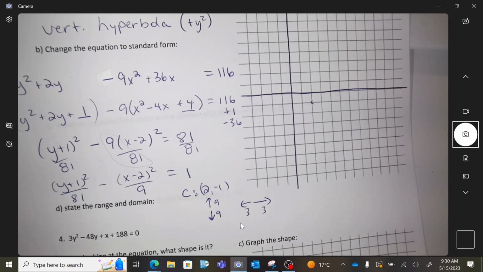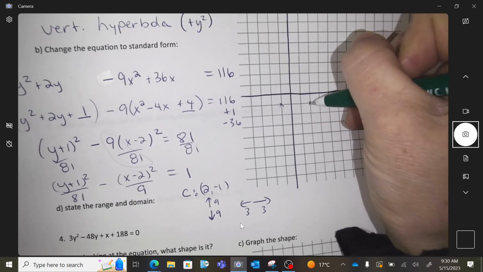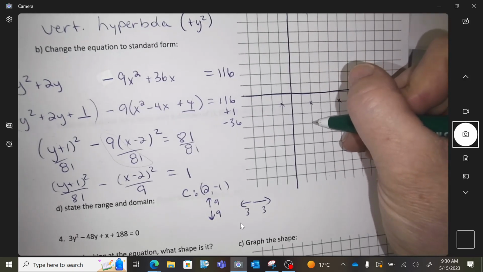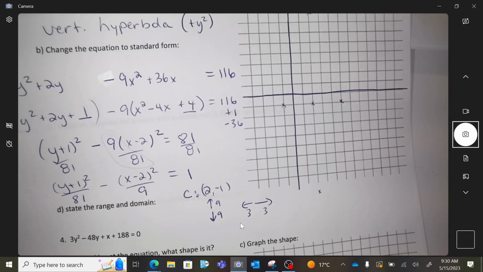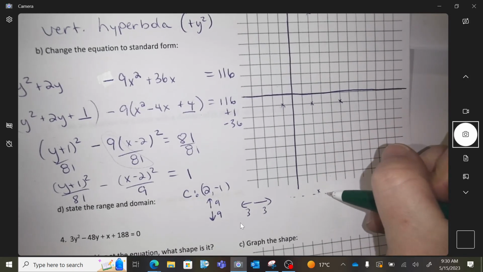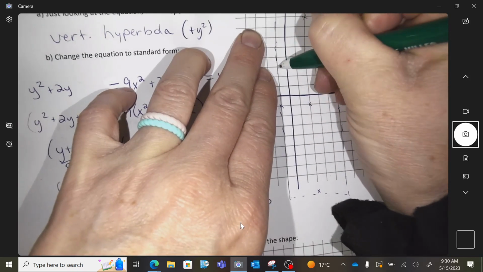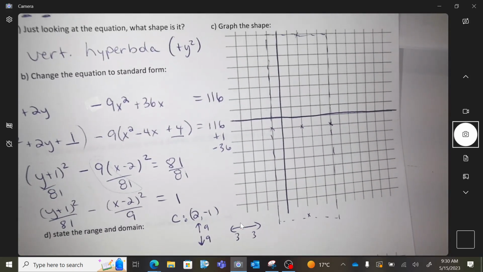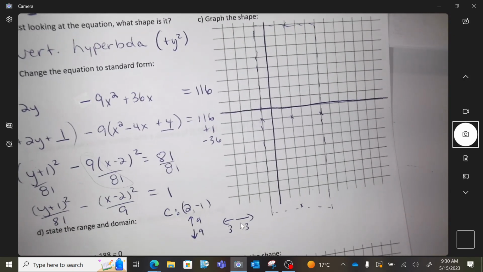So 2, -1, go 3 left, right, and put an X. Didn't even give you enough paper. This will just be 3.